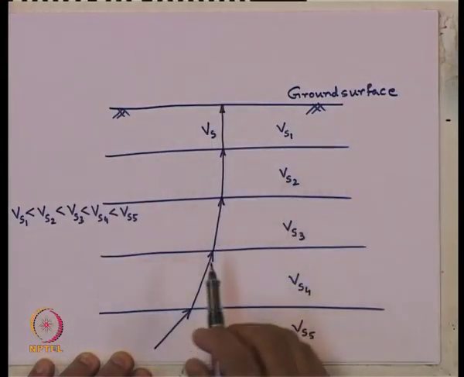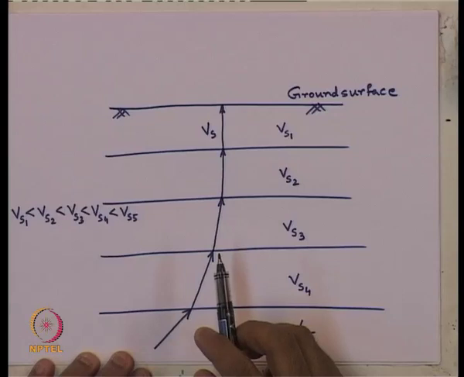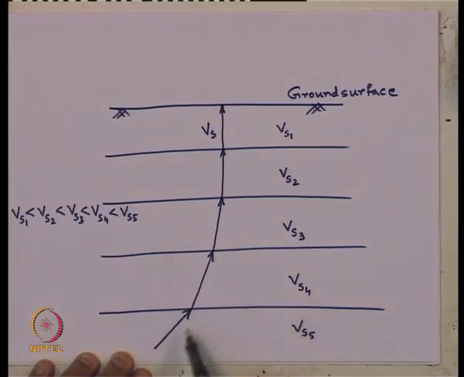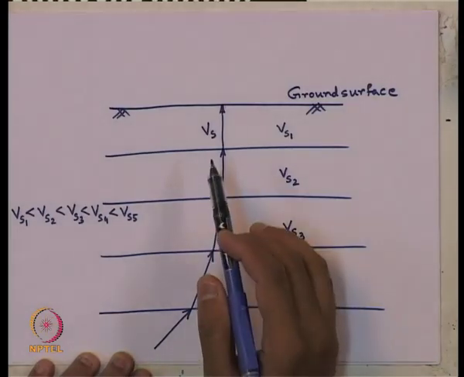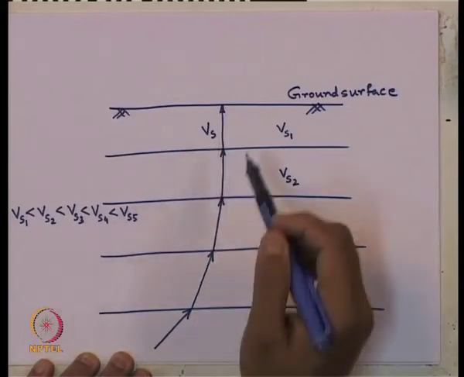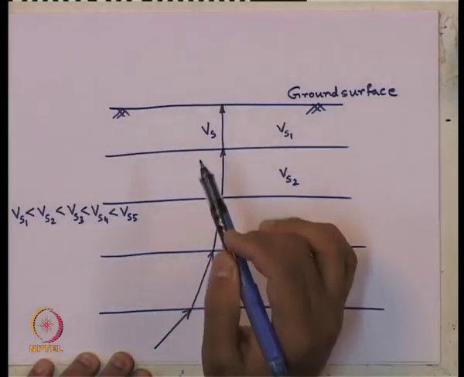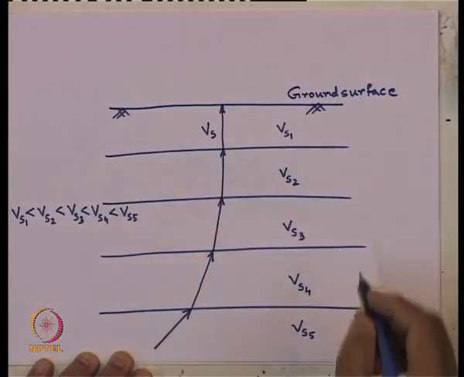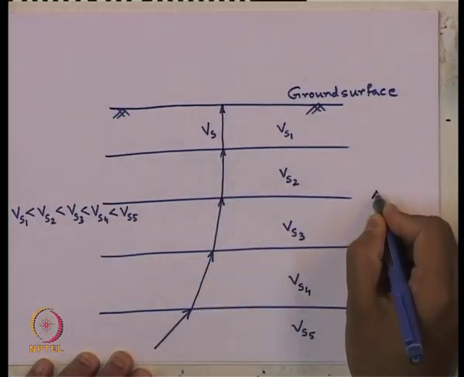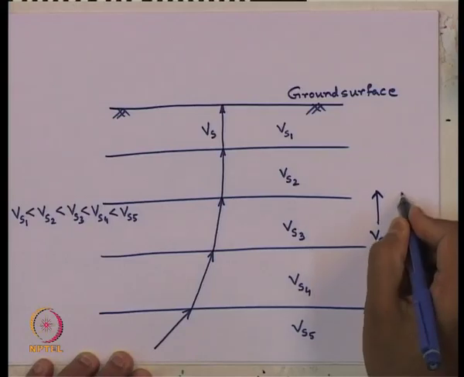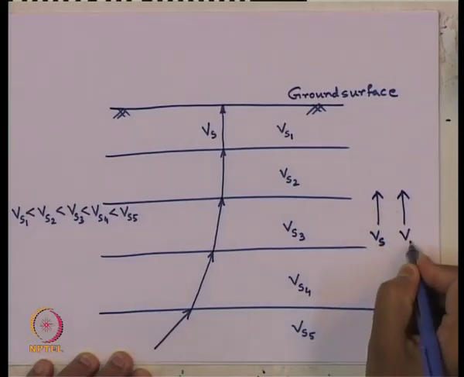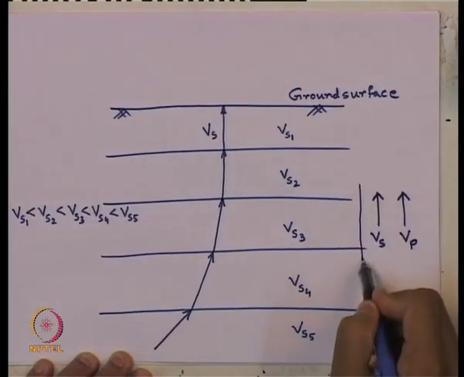That is why in many of our design problems, we hardly take any inclined nature of the waves. Whether it is shear wave or primary wave, when we are considering near-ground problems, we mostly consider it as vertical. So, we consider a vertically propagating wave, Vs or Vp, in the design.